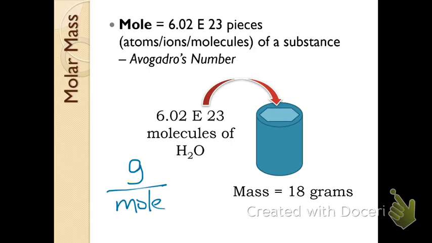So the units for molar mass then is going to be grams per mole. Now we are very much a stickler when it comes to writing the correct units. So put a star around it or something and know that when you are talking about the molar mass, we insist that you put the units grams per mole. Doesn't matter that you have the right number. You've got to have the correct unit, which is grams per mole.